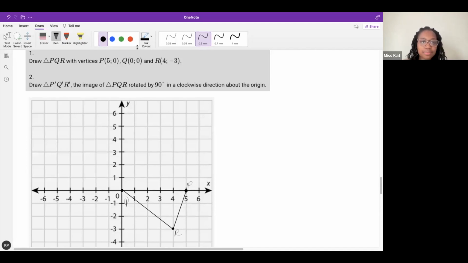90 degrees clockwise. So we're going from 5, 0. Q is not going to change. And R is 4, -3.